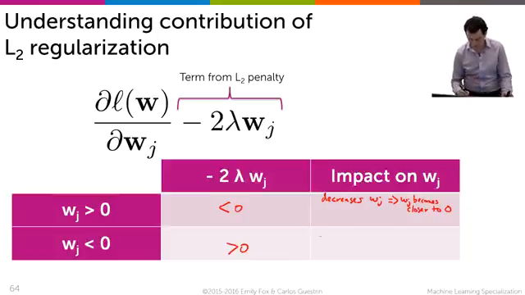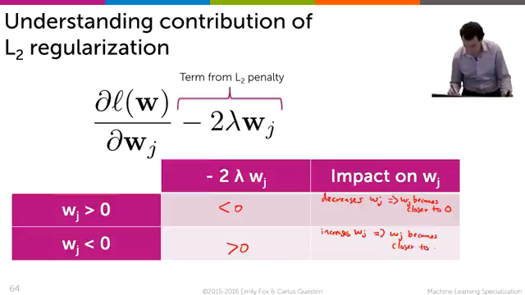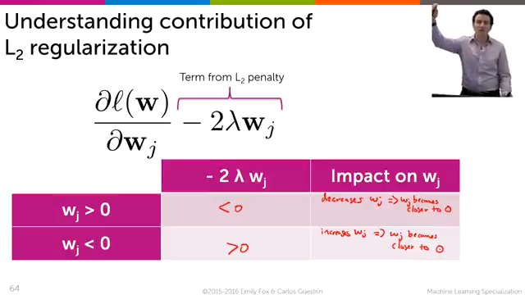You're adding something positive, so you're increasing Wj, which implies that Wj becomes, again, closer to 0. It was negative, I added a positive number to it, it goes a little closer to 0. So this is extremely intuitive. The regularization takes positive coefficients and decreases them a little bit, negative coefficients and increases them a little bit. So it tries to push coefficients to 0. That's the effect it has on the gradient. Exactly what you expect.